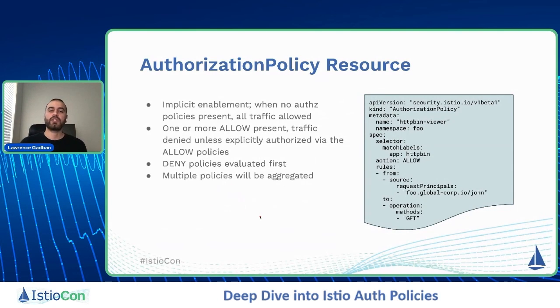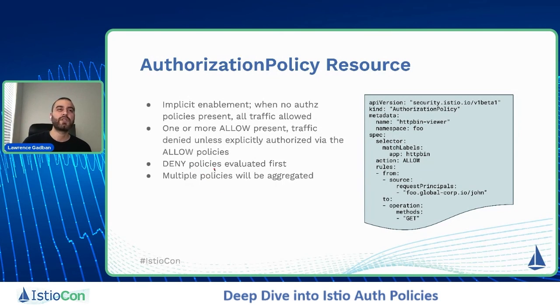Authorization is done in an implicit enablement fashion. This is what it's called out in the docs. When there's nothing present, everything's allowed. But once you start adding rules, it will change the behavior. If you have one or more allow policy, that means now everything will be denied unless it was explicitly allowed.